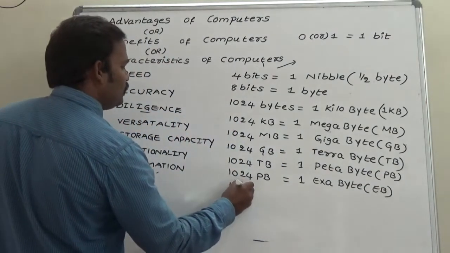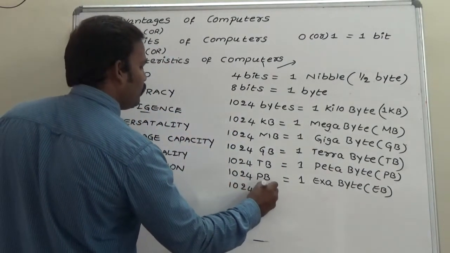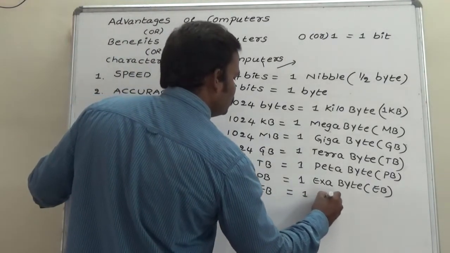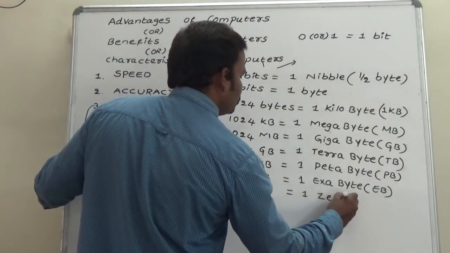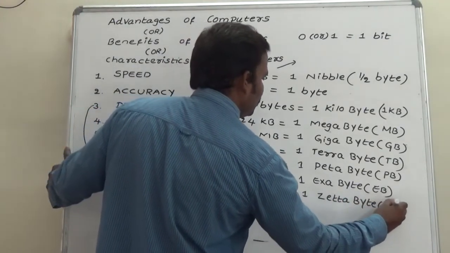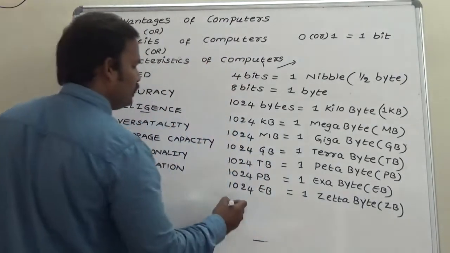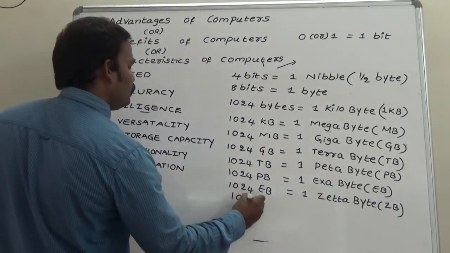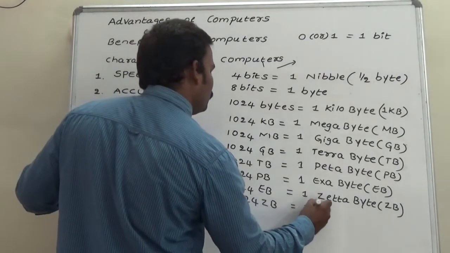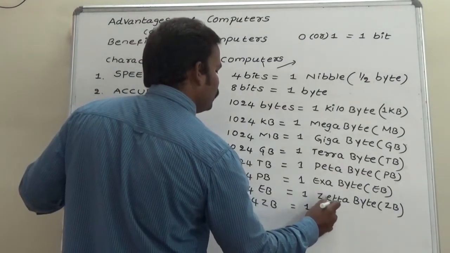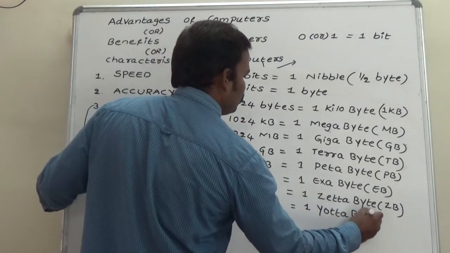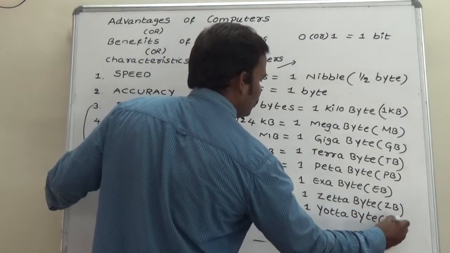Next, 1024 exabytes is equal to 1 zettabyte. ZB. Next, 1024 zettabytes is equal to 1 yottabyte. 1 yottabyte, YB.